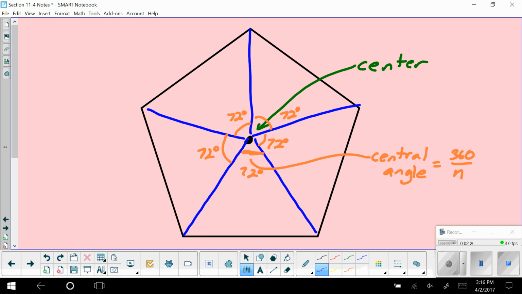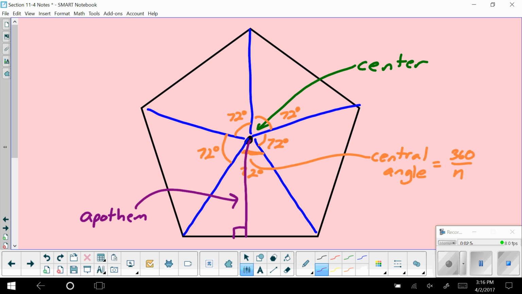Now, the one new piece of this that I do want to talk about is the way we find our area: we focus on one of the triangles that's made by drawing all of our central angles. To find the area of a triangle, we need to know the base, which will be one side of our polygon, but we also need to know the height. And the height of this triangle is an apothem.